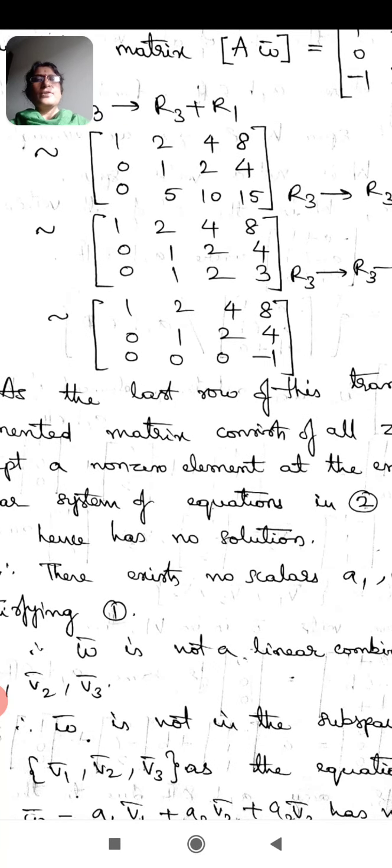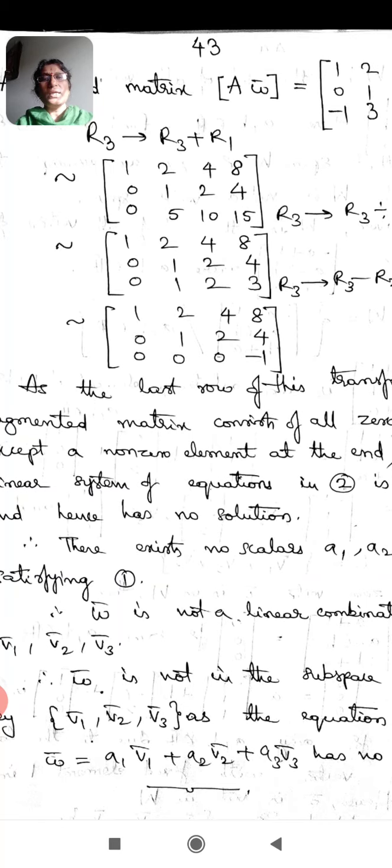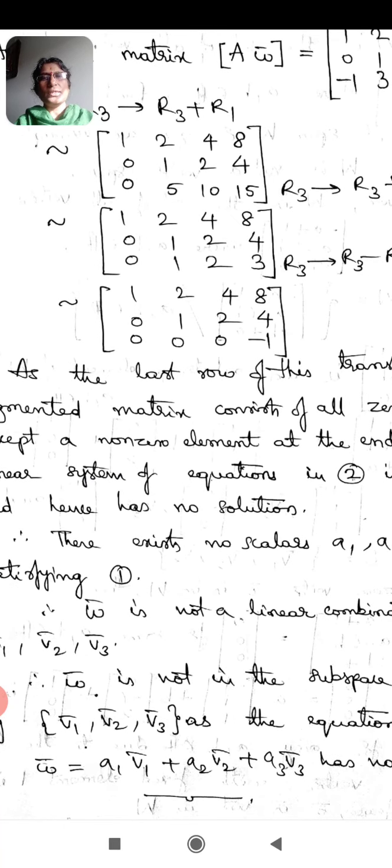transformed matrix, we can say that the last row, as it contains 3 zeros and a non-zero element at the end, implies that the given system of linear equations in equation 2 is inconsistent, and hence it will have no solution. That means there will be no values for a1, a2, a3 which satisfy the linear system of equations in equation number 2.